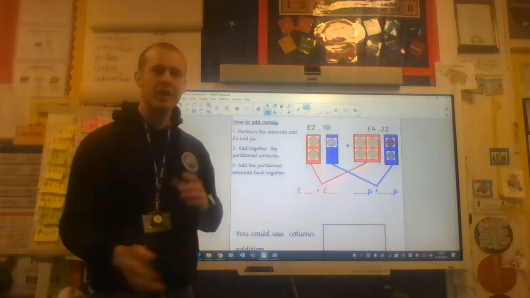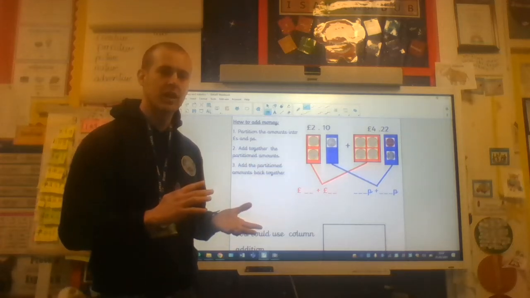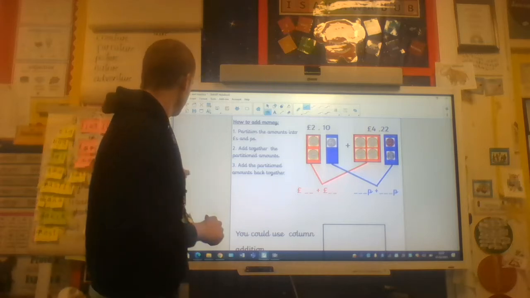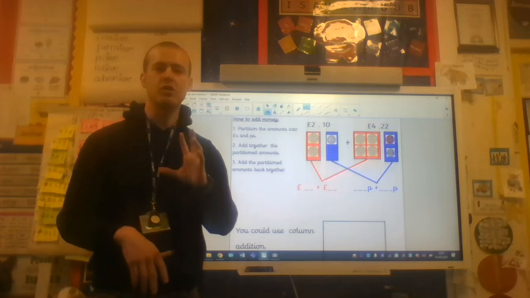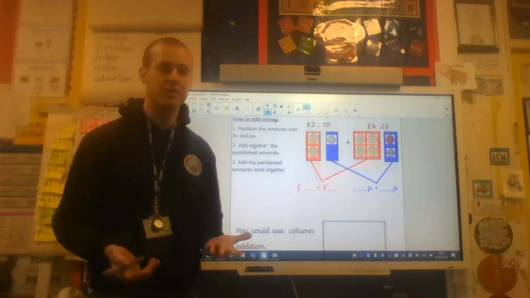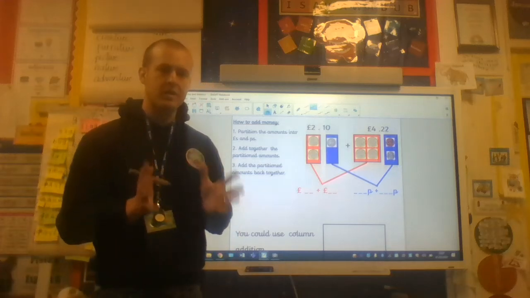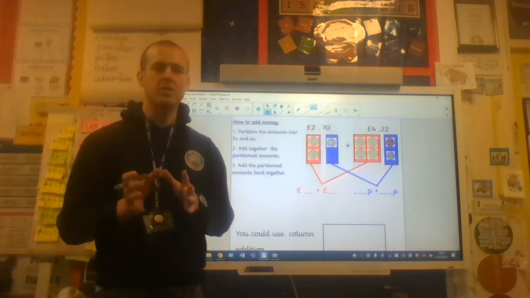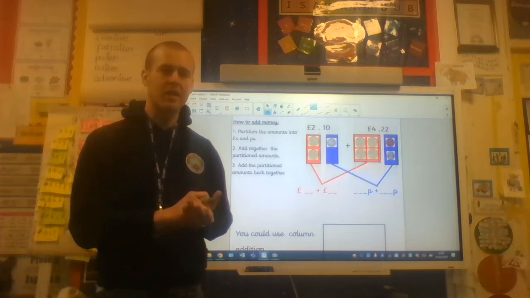Okay, now we're going to add some money. Thinking back to partitioning. Okay, so what I'm going to do, I'm going to model this one, and we're going to use two different methods to help us. I want to add £2 and 10 pence to £4 and 22 pence. And when we're adding, we're combining the amounts together.